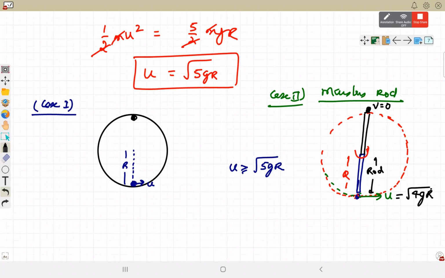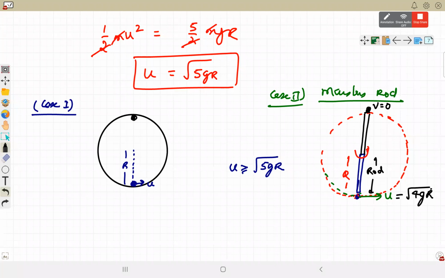So we have to check whether the body is restricted, whether it can sustain zero velocity at maximum height or not. If it can, then the lowest speed required is root 4 gr. If it cannot, it becomes slack or free, then it is root 5 gr. Got it? So these are the conditions.